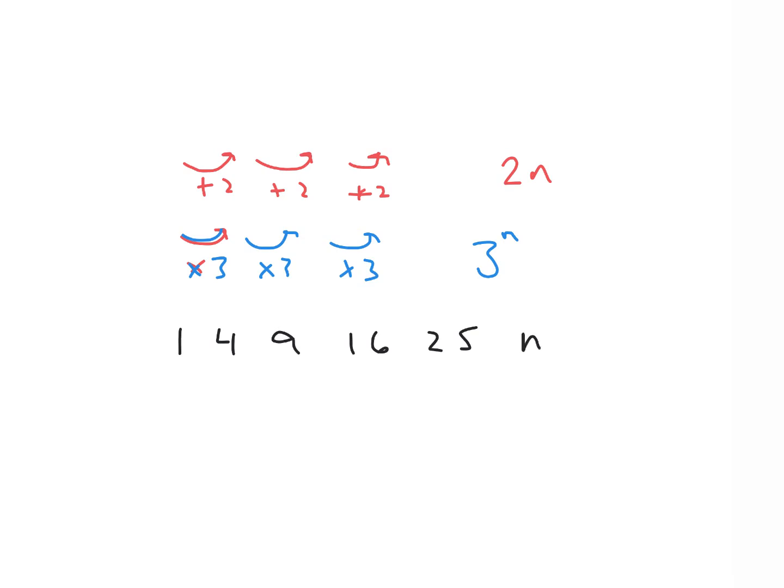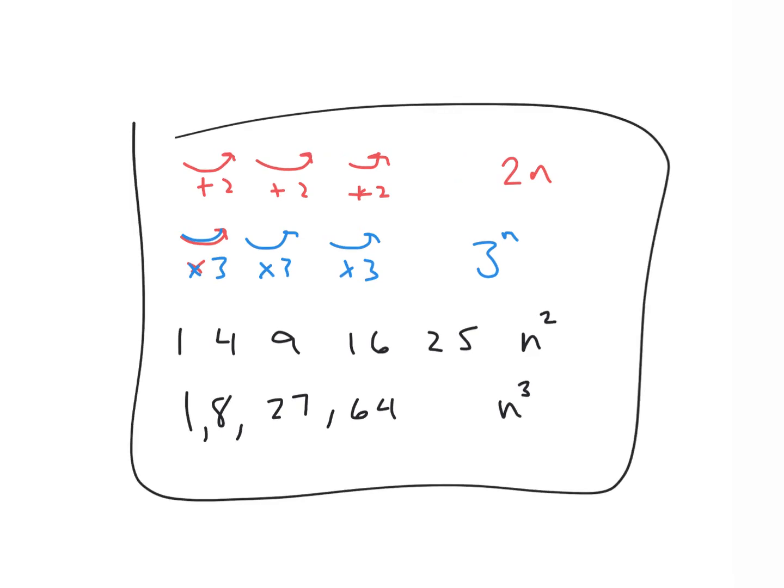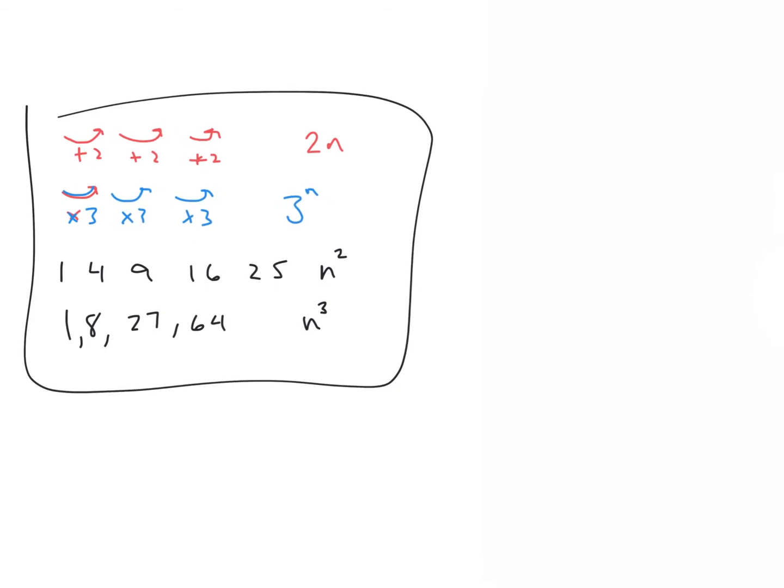So a sequence like this would be n squared. If we had one that was like 1, 8, 27, 64, this would be n cubed. So these are common sequences that you could see when coming up with the rule.